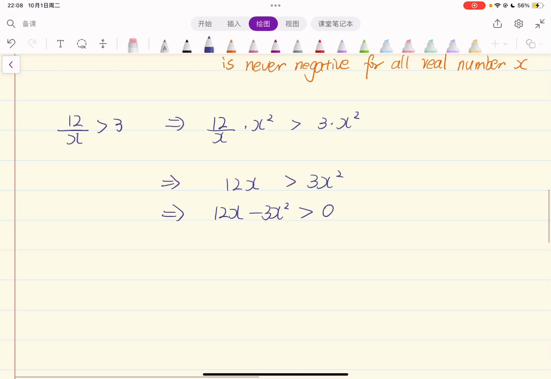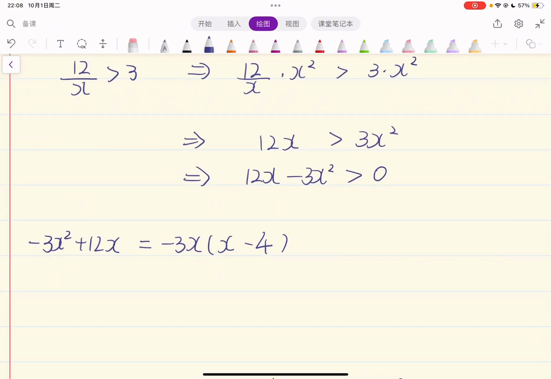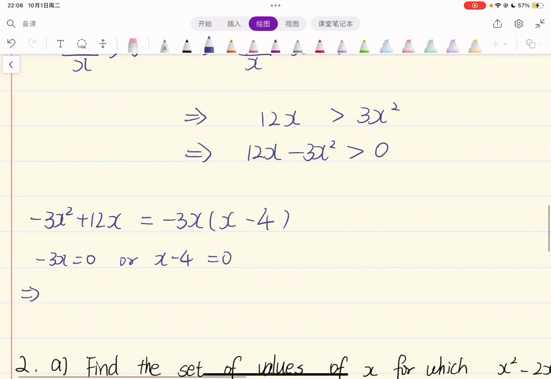We have minus 3x squared plus 12x equals minus 3x times (x minus 4). Then we find the roots of this function: minus 3x equals 0 or x minus 4 equals 0, which implies the roots are x equals 0 and x equals 4.